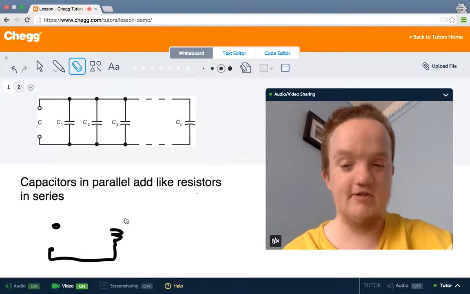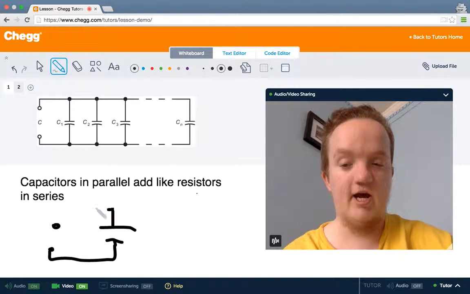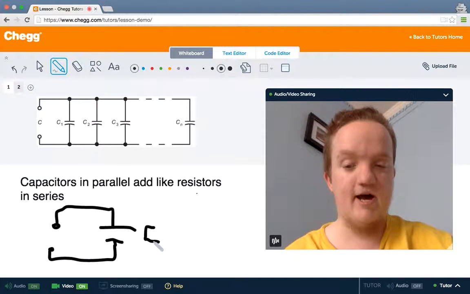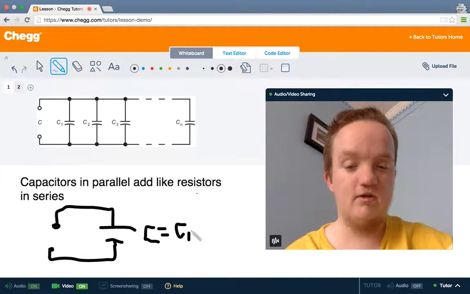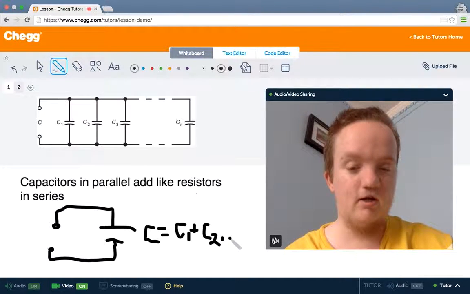Sorry, that's a resistor there. It has one capacitor only, and that capacitor has a capacitance of C1 plus C2 all the way to Cn.